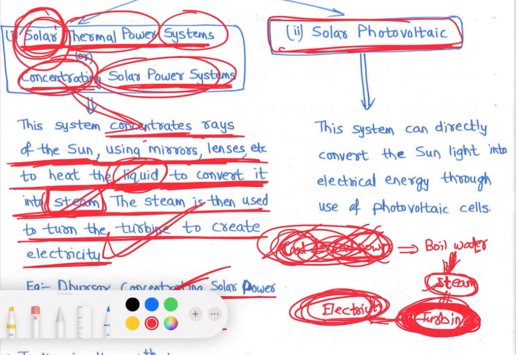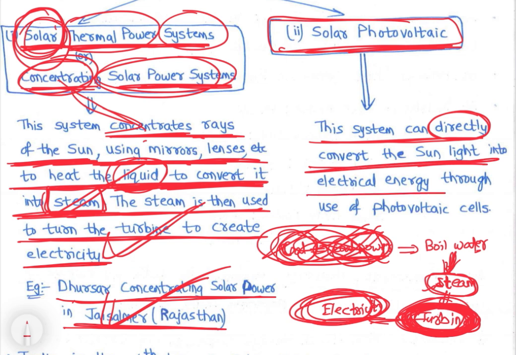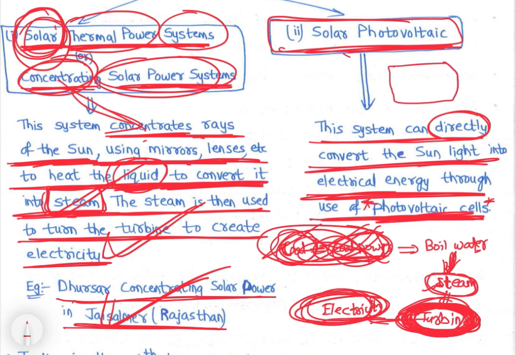Solar photovoltaic, right? See, this system can directly convert the sunlight into electrical energy through use of photovoltaic cells. Photovoltaic cells use करके, right? जैसे solar panel है, when sun rays strike the solar panel.